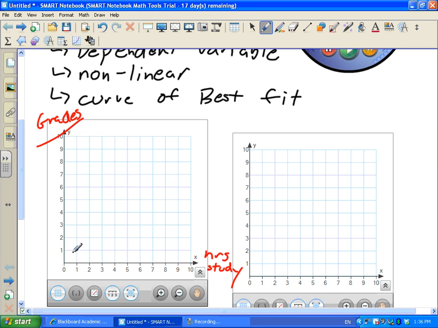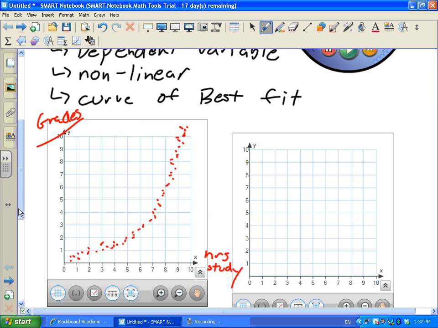Let's say I took a survey of students and plotted all the data, and I discovered that depending on your hours of study, your grades would change.